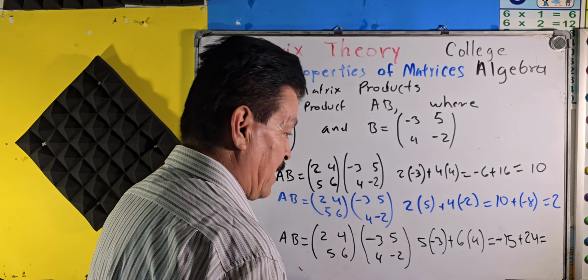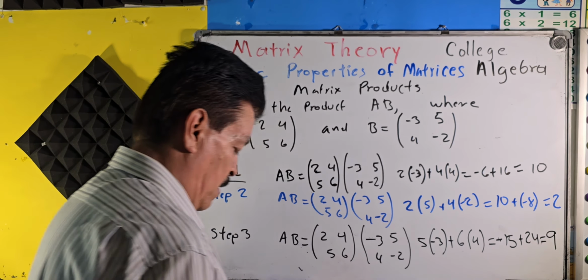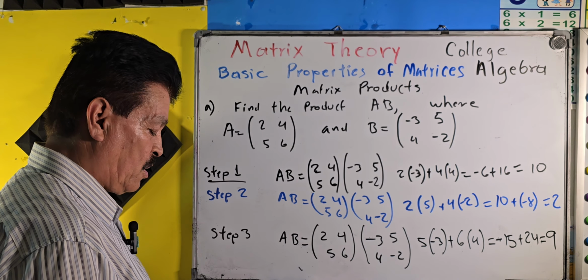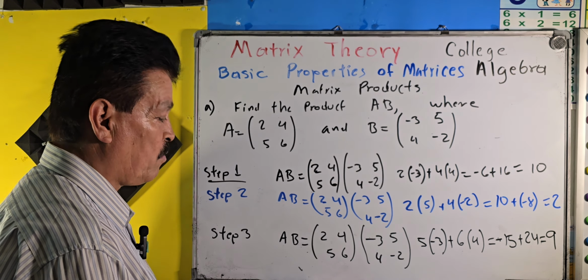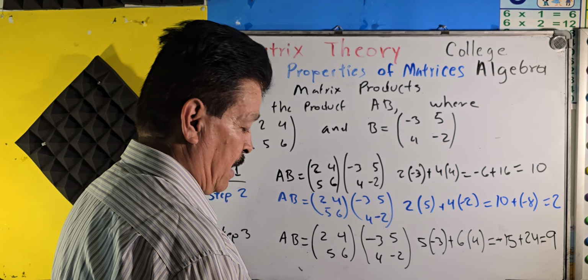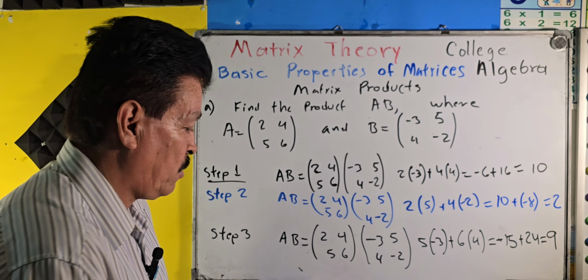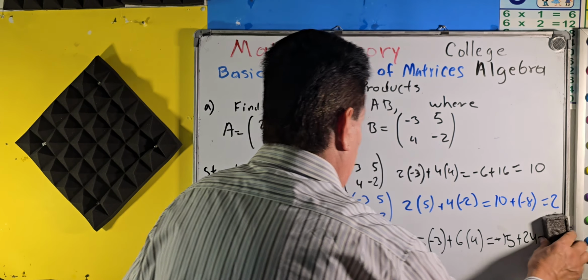This equals 9. So the second row, first column entry of the product matrix is 9. Okay, step 4. Let me erase everything here.